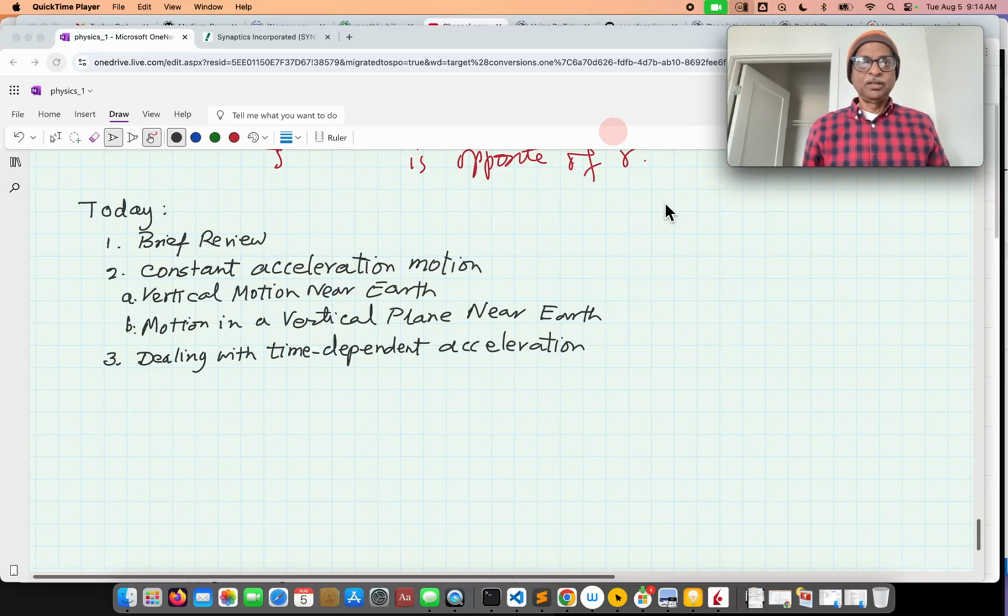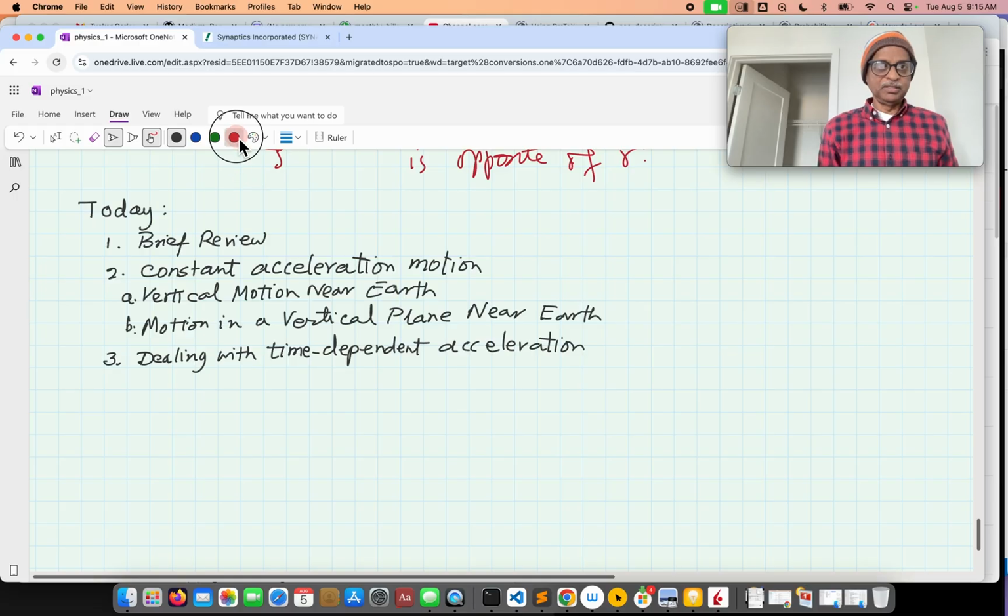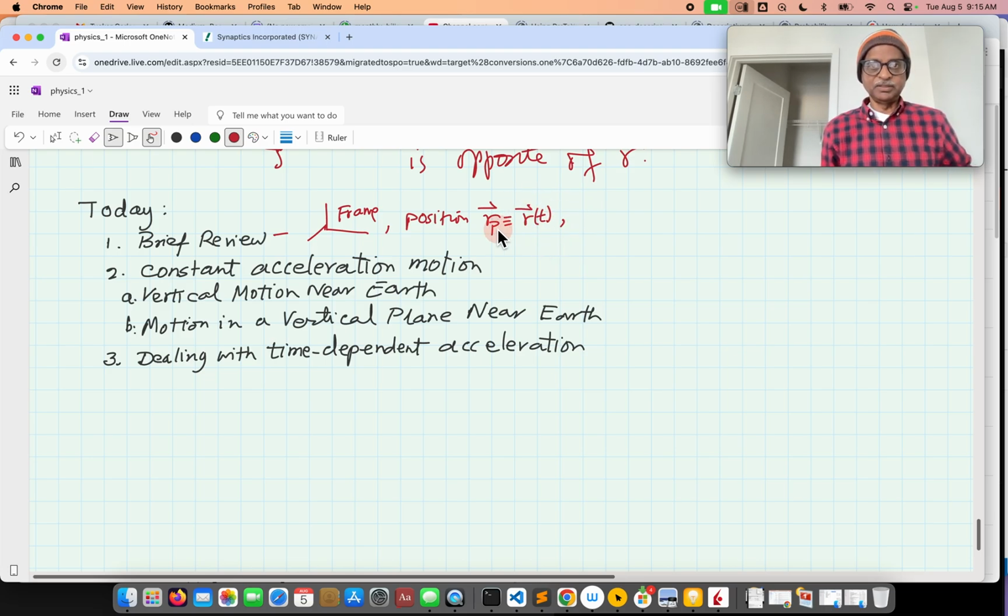Another session. So today we're continuing our review of kinematics. So far what we have done is we've defined a frame, and then in that frame we define how to do position r of some point P, where r is a function of t, and these are vectors.